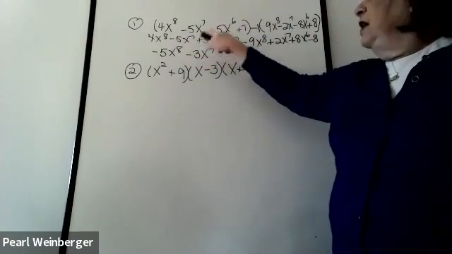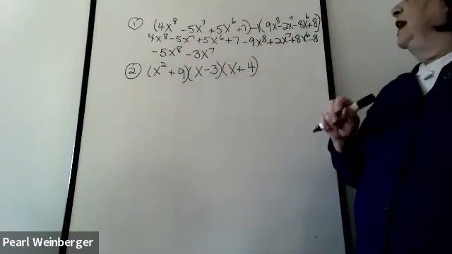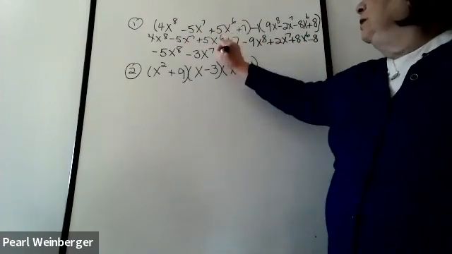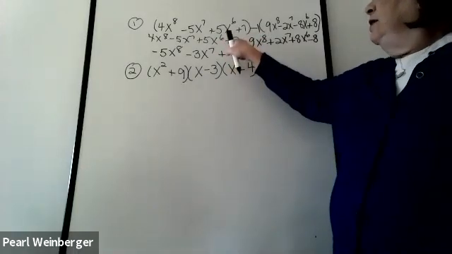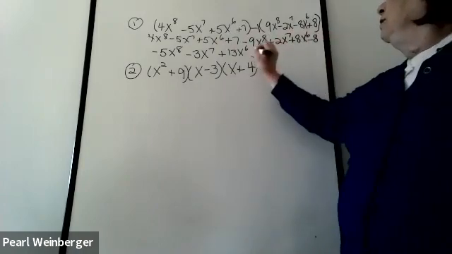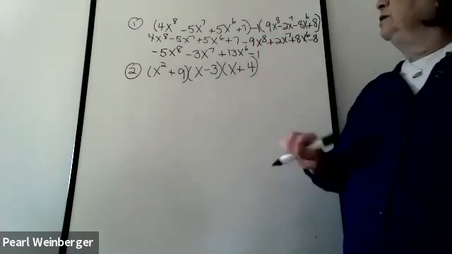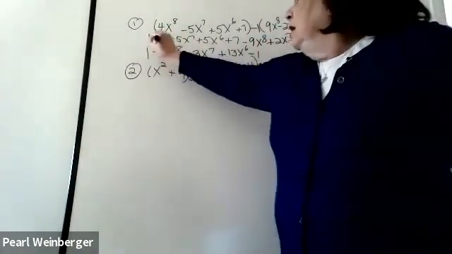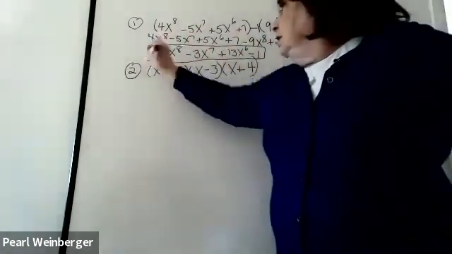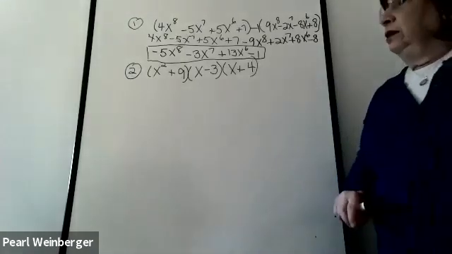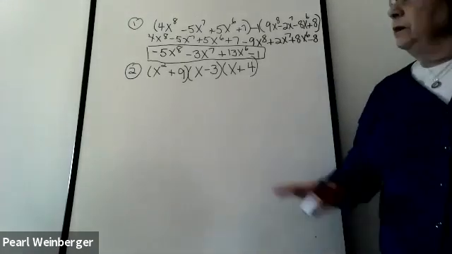The positive 5x to the 6th and the positive 8x to the 6th together will give me 13x to the 6th. And the 7 and the negative 8 will give me -1. I just combine all the like terms. All you have to do is be careful. There's nothing very difficult about that.